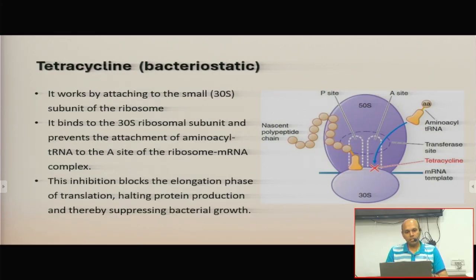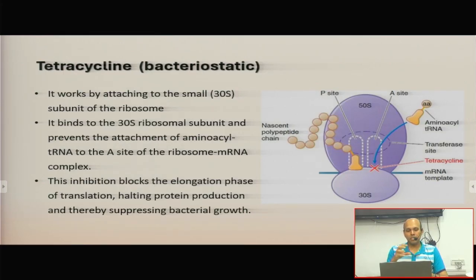So this inhibition blocks the elongation phase of translation. You can see in the diagram, you have the aminoacyl tRNA that is coming, and then the polypeptide chain is forming, and you can see over there tetracycline will sit and it will inhibit that process, so that elongation is blocked.